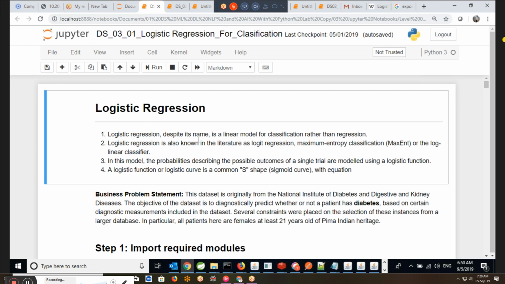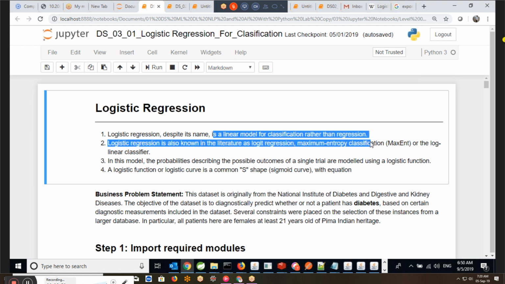Logistic regression, despite its name, is a linear model of classification rather than regression. Still we will work with classification only.